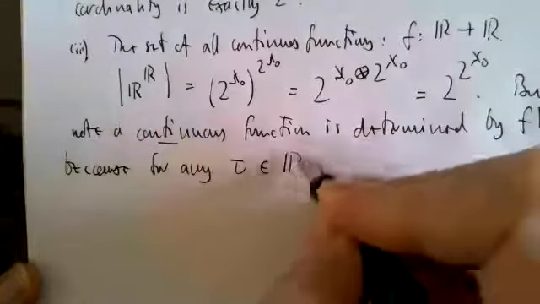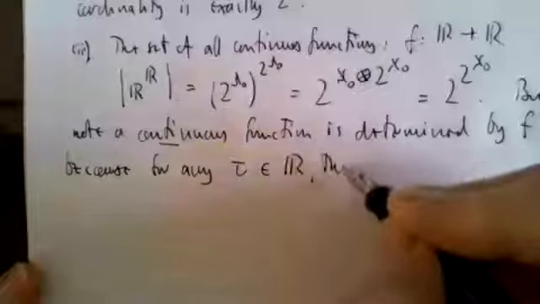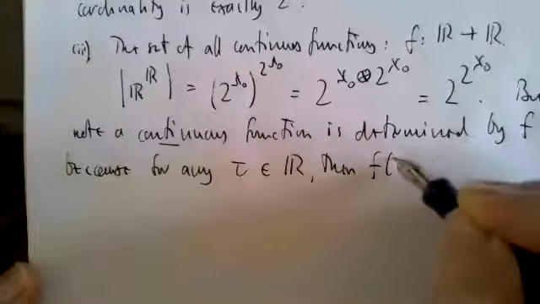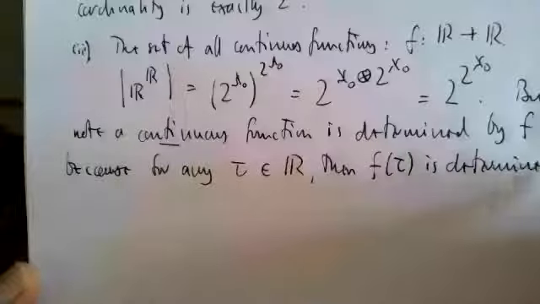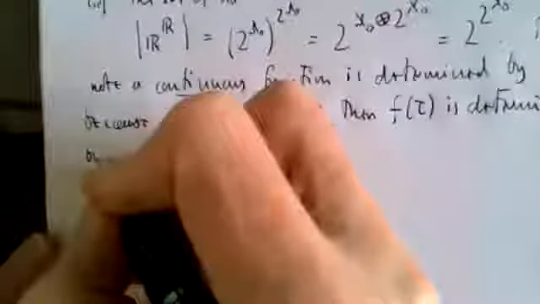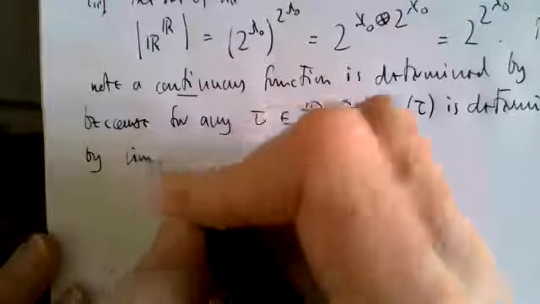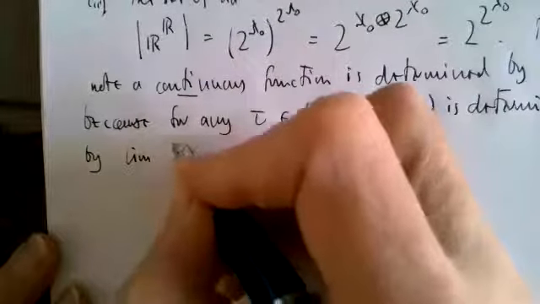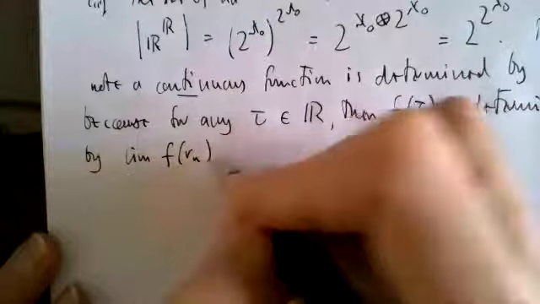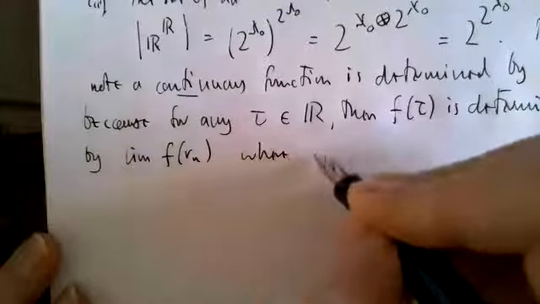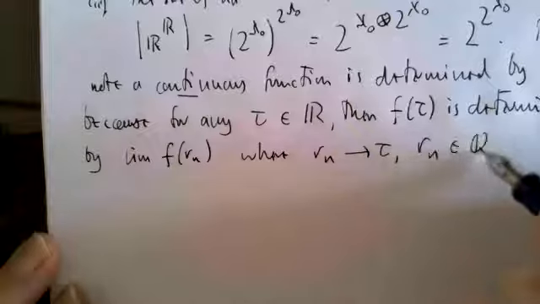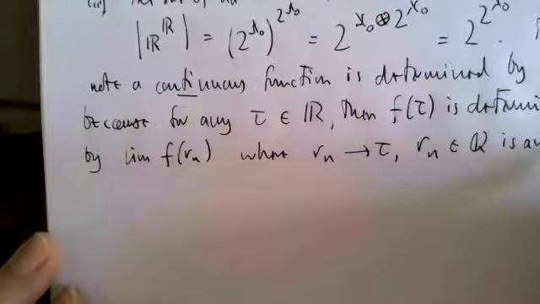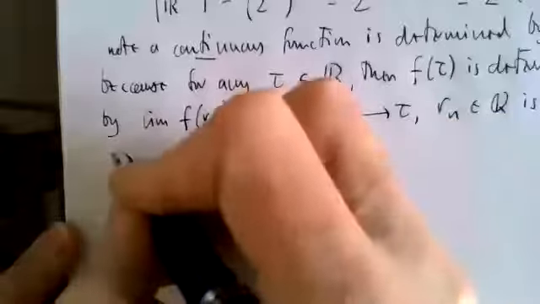I pick any tau in R, then f of tau is determined, because it's continuous, as the limit of f of Rn, where Rn tends to tau, each Rn is in Q, any rational sequence.